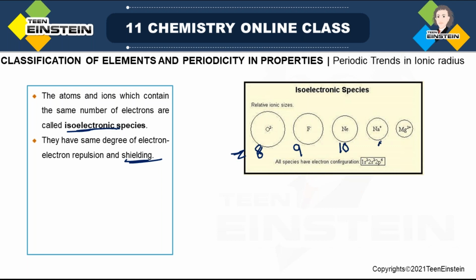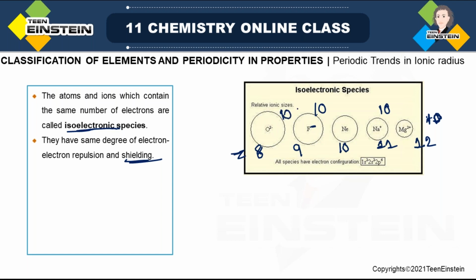For Na, it is 11. For Mg, it is 12. Now, when Mg has lost 2 electrons, it is now 10. When sodium has lost 1 electron, it is 10. Neon is neutral because noble gases will not lose or gain electrons. When fluorine accepted 1 electron, it is F minus, now it is 10. When oxygen accepted 2 electrons, it is also 10.